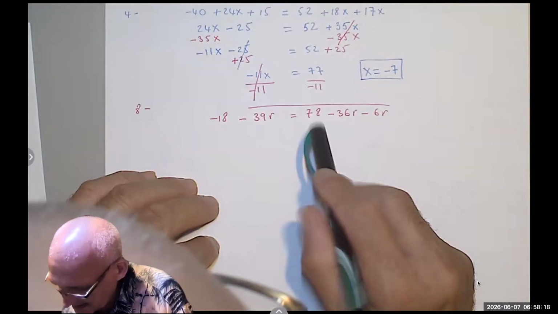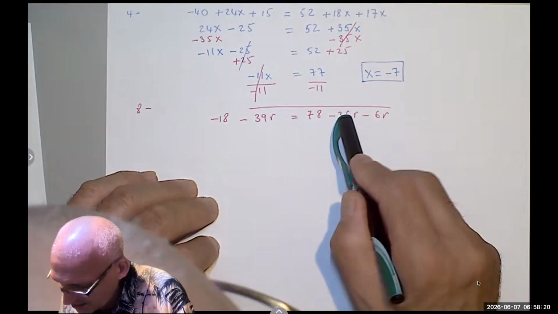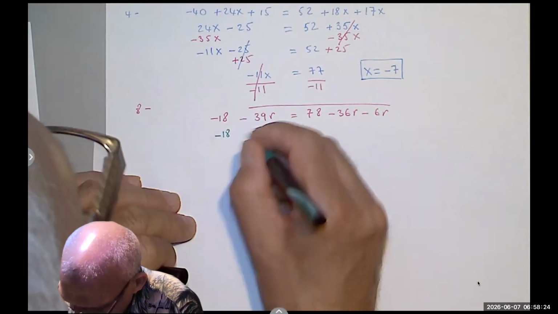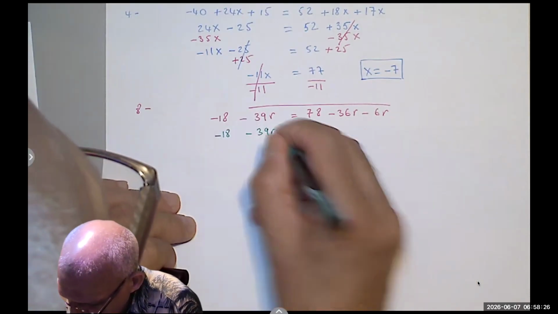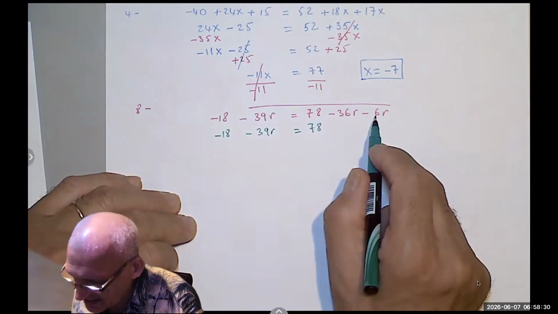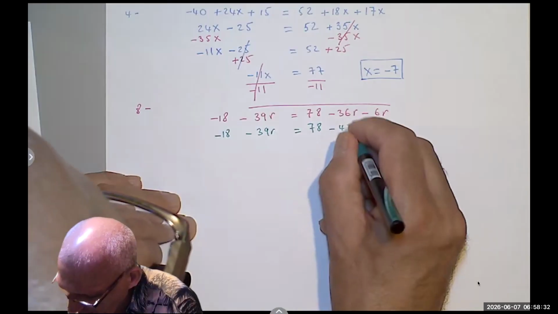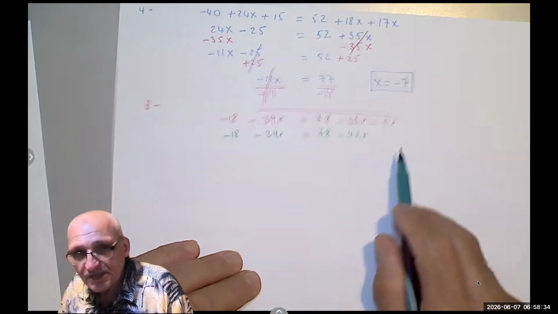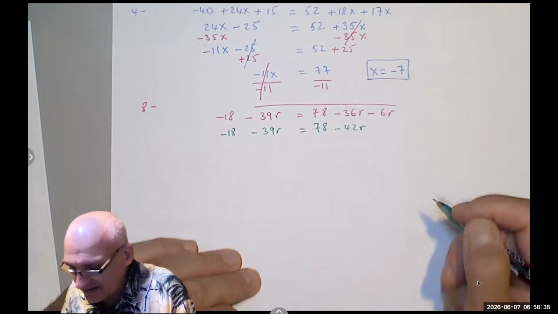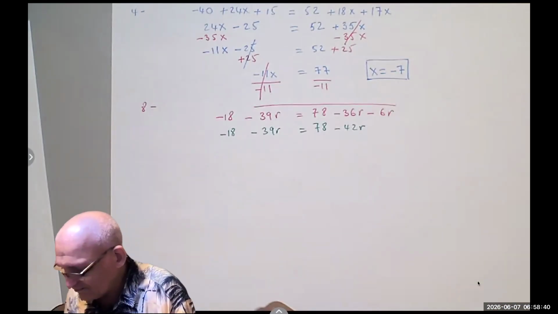On the right-hand side, I have a constant, a variable, two variables, so I'm going to combine them into one. Negative 36 minus 6 is negative 42, or if you do it with a calculator, you will get negative 42. Don't forget the r.